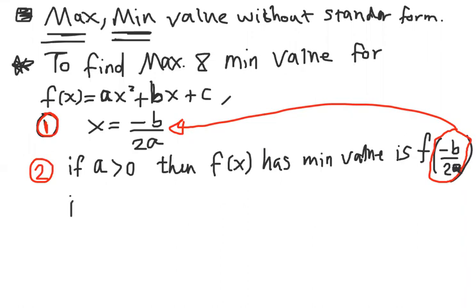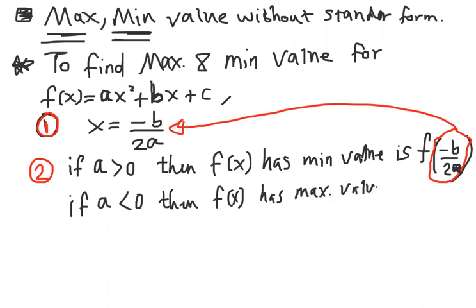And if a is less than 0, that means negative, then f of x has a maximum value. What is the maximum value here? It is f of the same point, minus b over 2a.